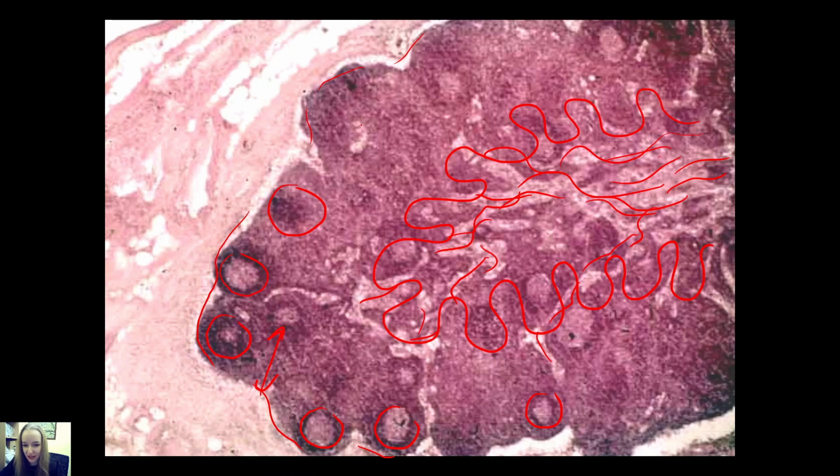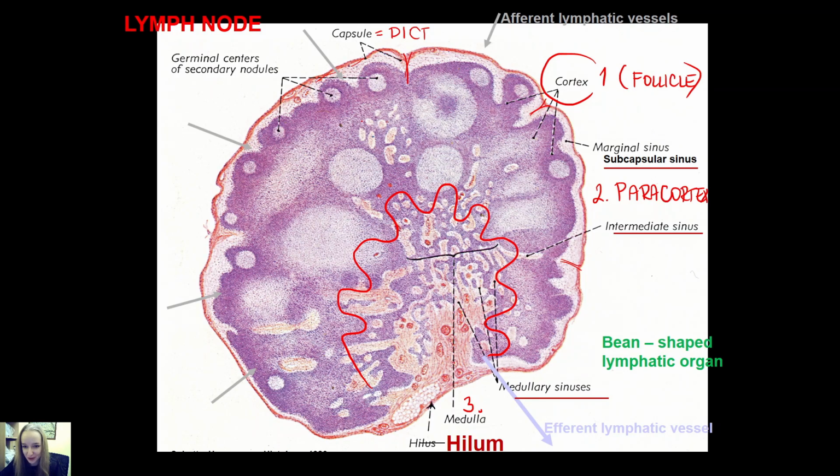So what's really with the sinuses inside the lymph node? When we go back to the previous picture over here, as I told you, the afferent lymphatic vessels, which we saw before, go through the capsule here, and they have normal endothelial lining over here.